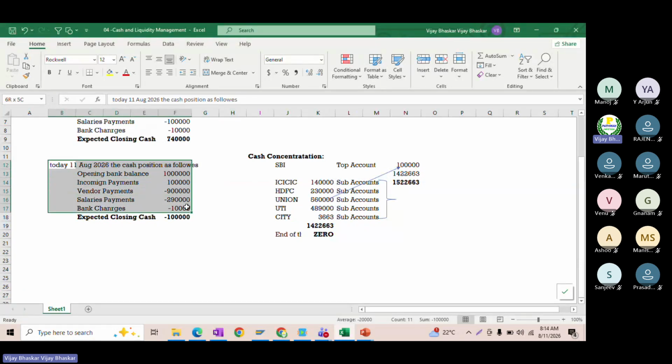This is the planning for tomorrow only. So by the end of the day on the 11th of August, you have identified that there is a deficit cash of 1 lakh rupees. Then the treasury department needs to arrange these funds. This is the example, Sanjeev. Okay, yes sir, got it. Okay, no problem.